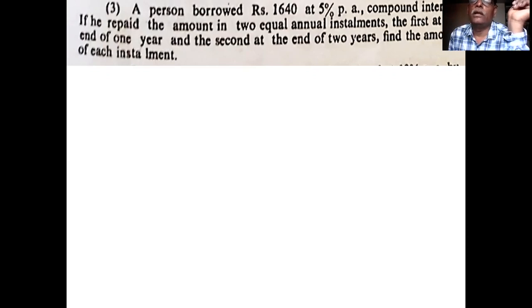If he repaid the amount in two equal annual installments. That means a person borrowed 1,640 and paid that loan in two equal annual installments, the first at the end of the first year and the second installment at the end of the second year.